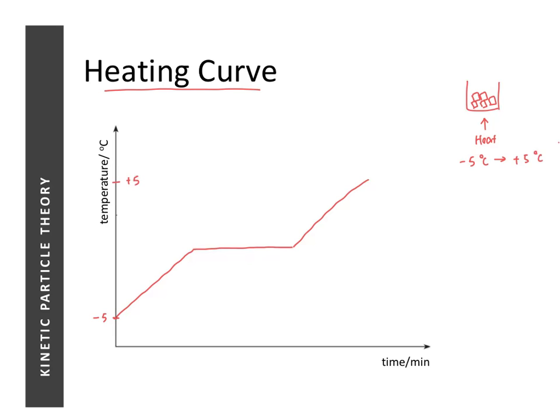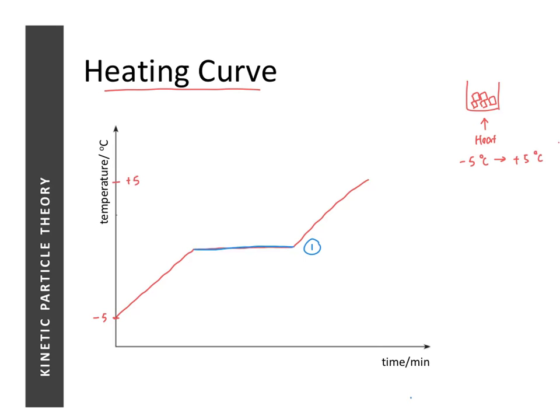The first important point is this: there is a period of time where the temperature remains constant. When the temperature of a substance remains constant on heating, it means that a change of state is happening.